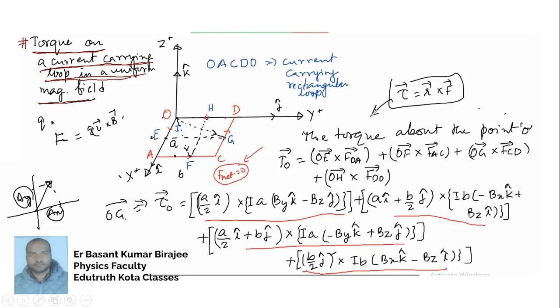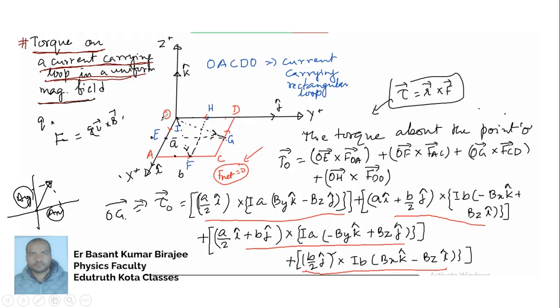We have to calculate the torque due to all these forces: F_OA force acting at E, F_AC force acting at F, F_CD force acting at G, and F_DO force acting at S, about the point O. We have to find the torque due to all these forces about the point O.